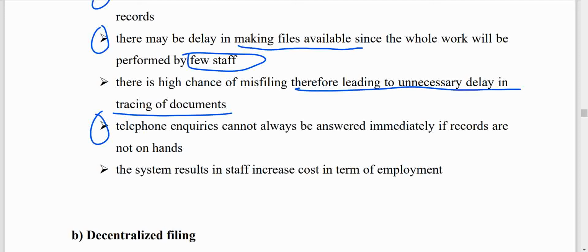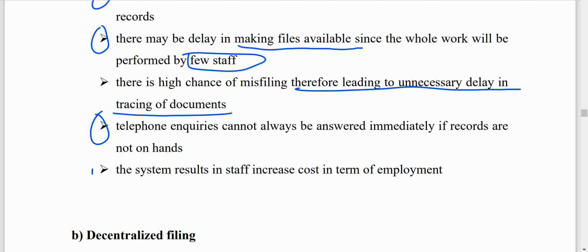Now, the staff are very few, and of course you are alone. So the person who called may end up saying, please can you hold on, call me back after 5 minutes, let me first search for it. So there will not be a chance of making these records available as soon as they have been requested. That would be a problem, based on high volumes of records and few staff operating.